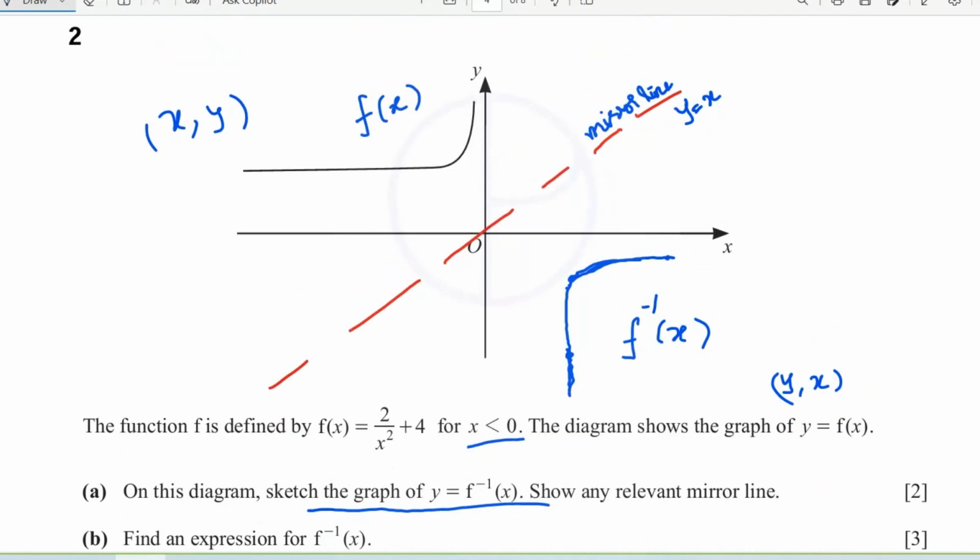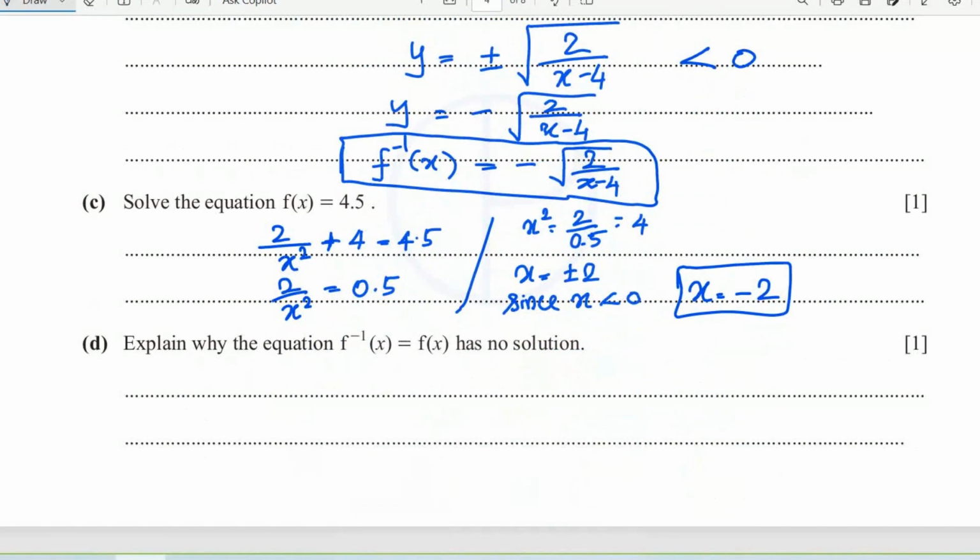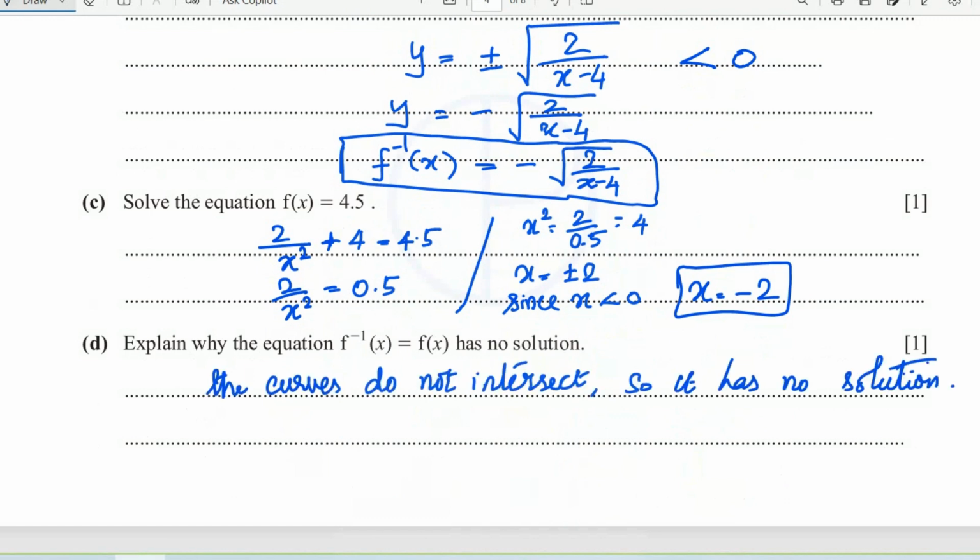So it will not intersect at any point. The curves do not intersect, so it has no solution.